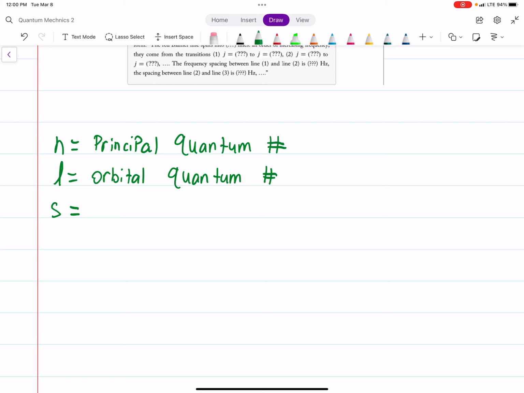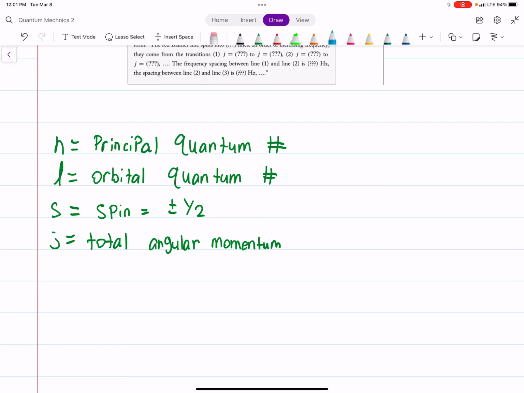S is your spin, and it depends on the particle you have, but for right now, we'll just think of it as being plus or minus a half. And J is the total angular momentum. So you can think of J as being the spin plus the angular momentum. So that's what the total angular momentum is.